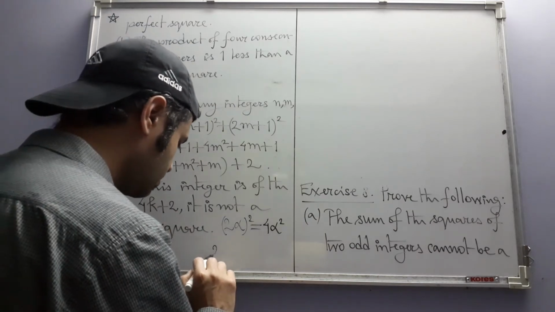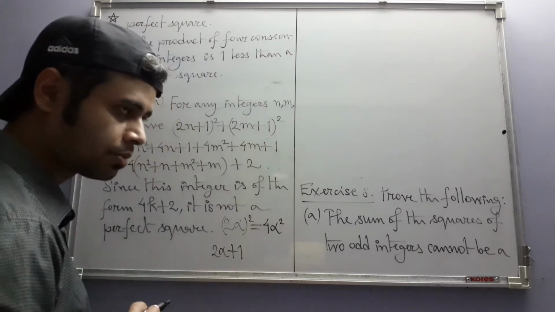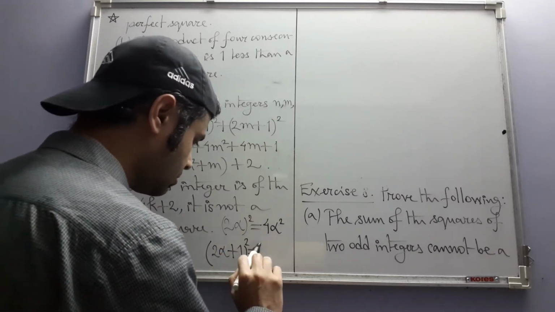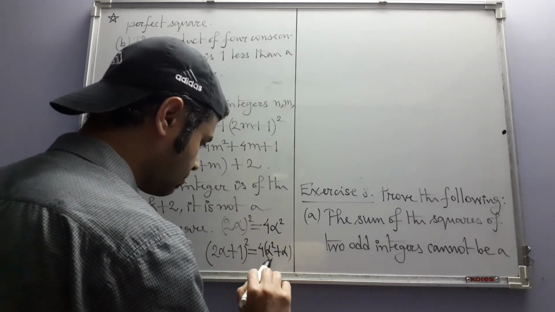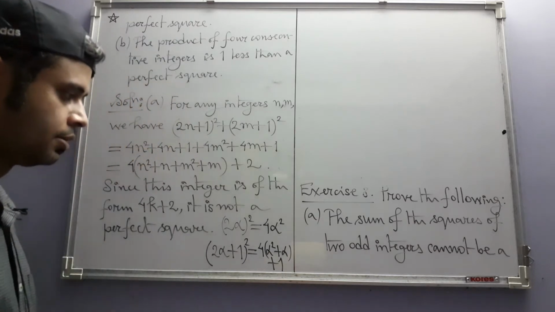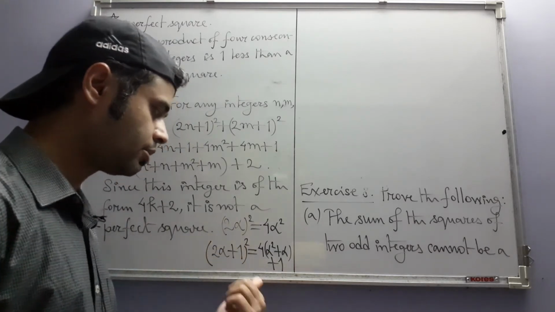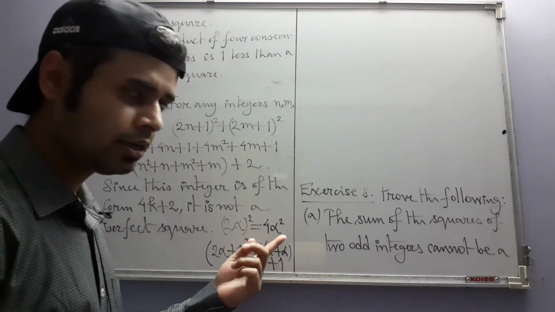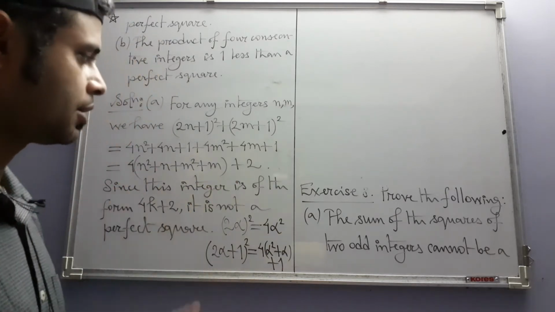But if your integer is odd, it's of the form 2 alpha plus 1, if you take its square, you get 4 times alpha square plus alpha plus 1. So whether you square an even integer or an odd integer, it's always of the form either 4k or 4k plus 1. It's never of the form 4k plus 2.